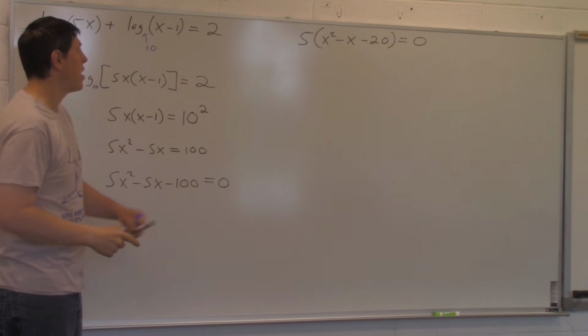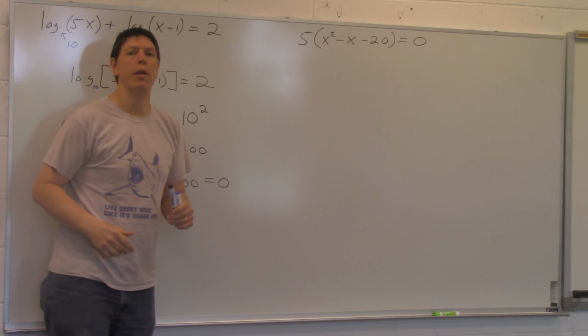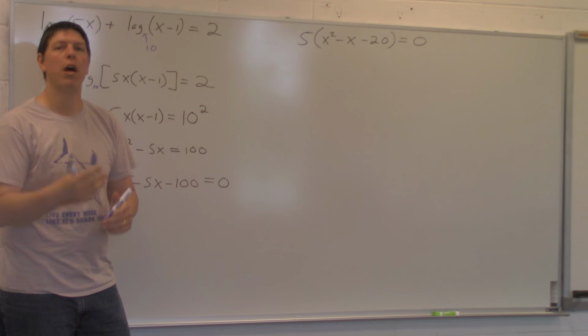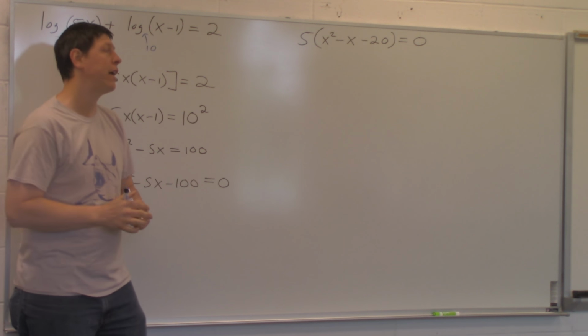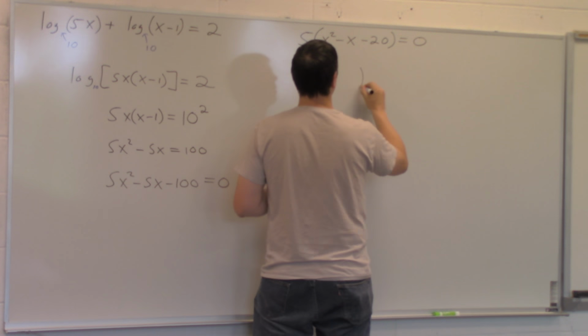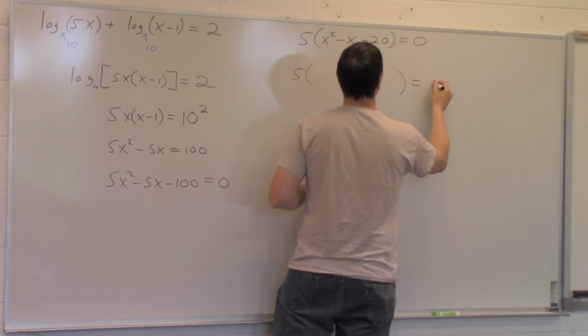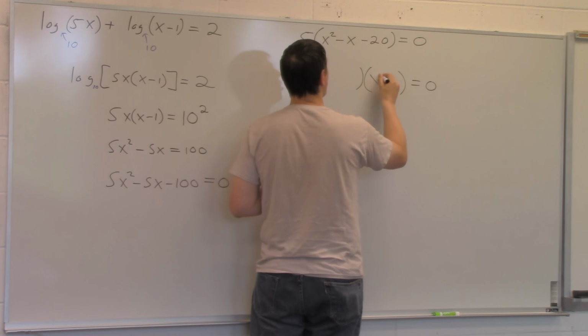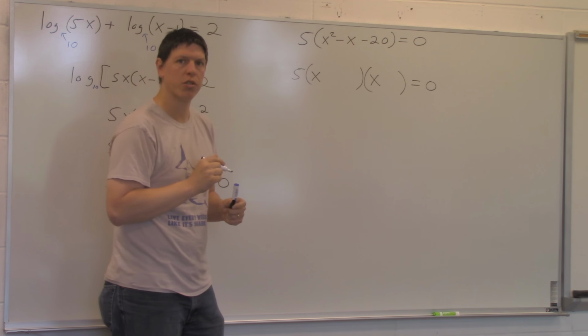Now what I notice is that I have a factorable trinomial. So now I have to find two numbers that multiply to be negative 20 but add up to negative 1. When I factor this to build my x squared, it's an easy trinomial. We just have x and x.